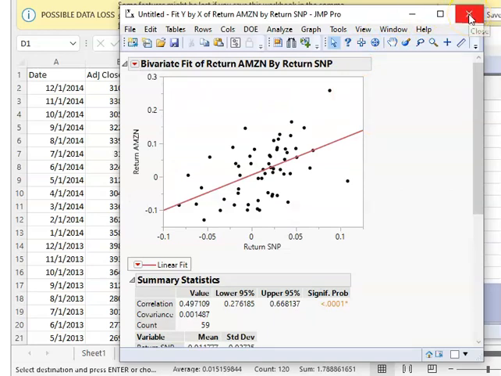Okay, so that was today's topic, and there are many other statistical measures and many other factors involved when you want to make a decision in buying a stock, and beta is just one of them.